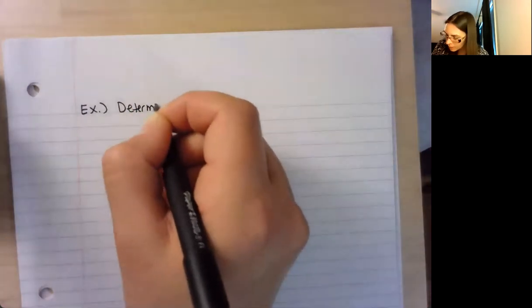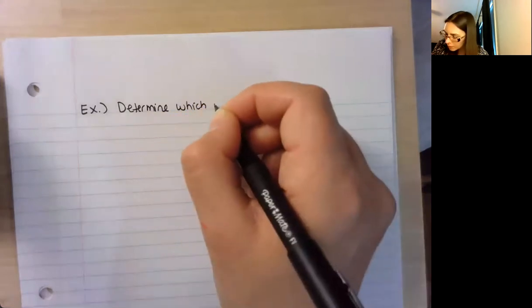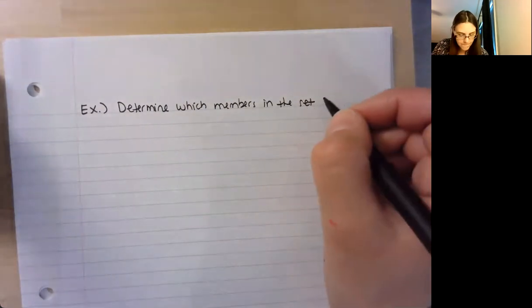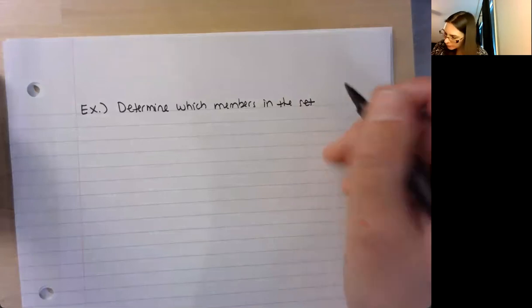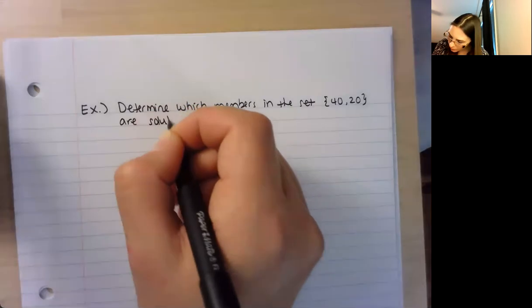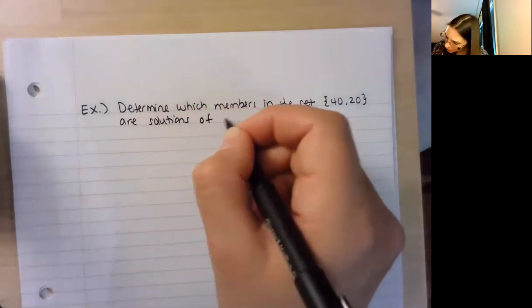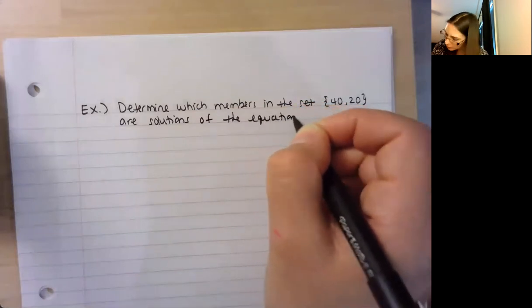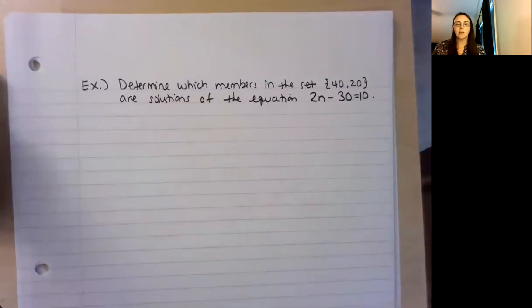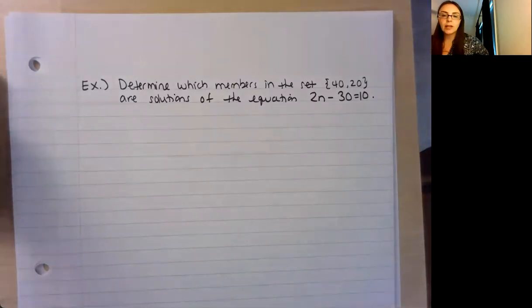Let's do one more example here. Determine which members in the set of 40 and 20 are solutions of the equation 2n minus 30 equals 10.